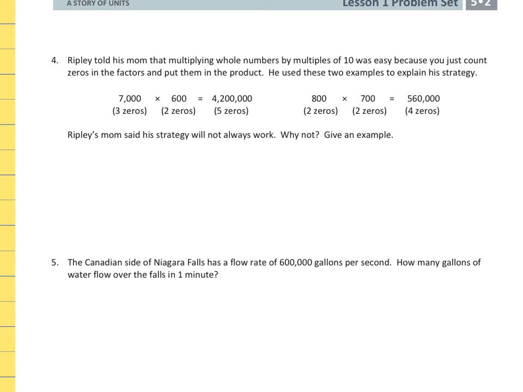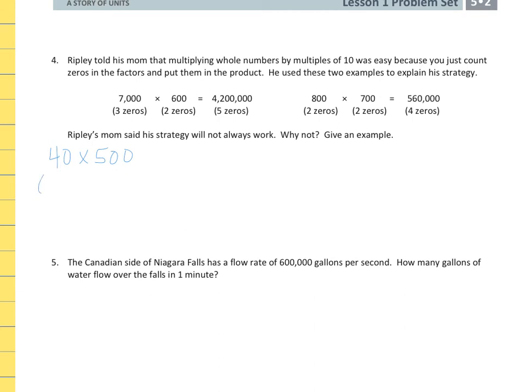Now I'm going to go ahead and write 40, and I'm going to times that by 500. I'm going to use the same Ripley's example.